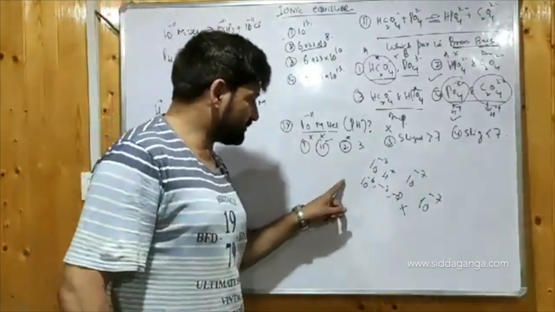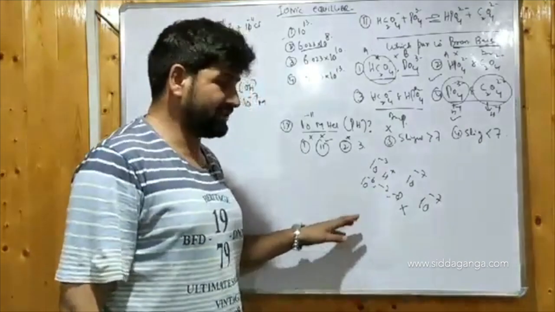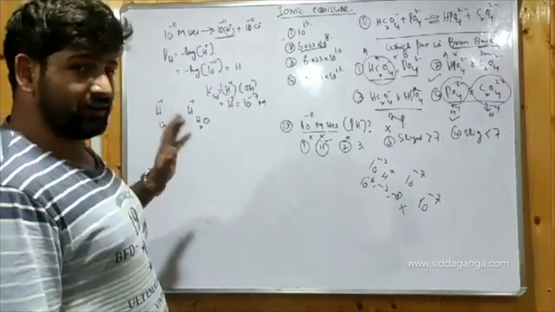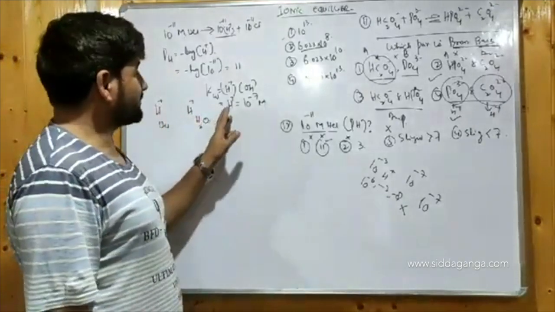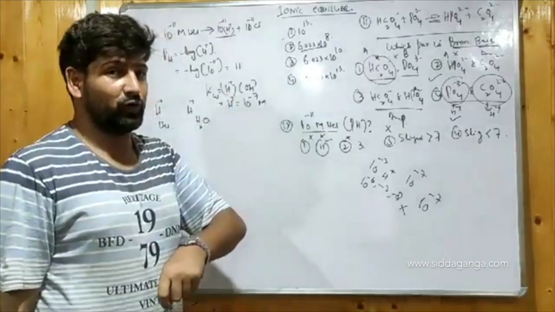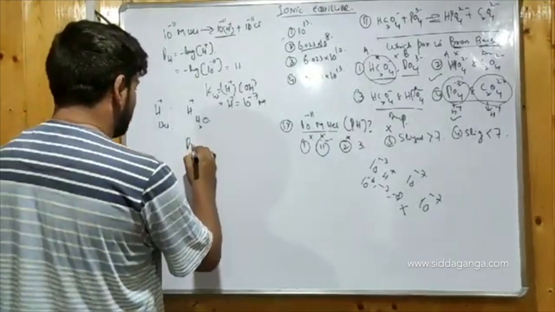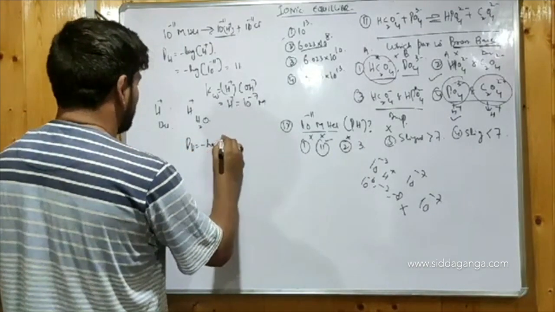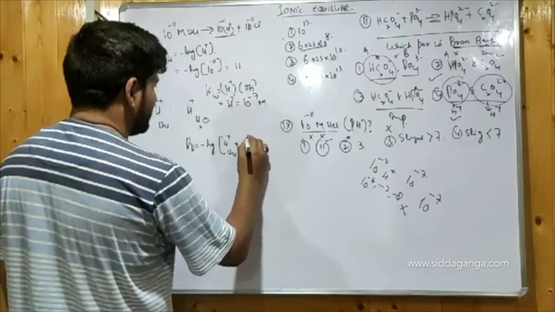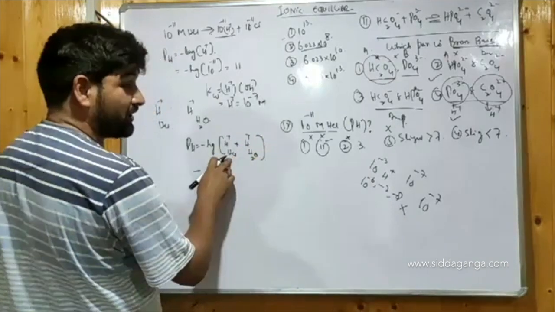If H plus from water is 10 to the power minus 7, and from the acid it is like 10 to the power minus 5, you can easily neglect water. But if it is 10 to the power minus 11, you cannot neglect water here. So what you have to do is sum up both H plus ion concentrations, from HCl as well as from water. So it has to be under additive effect. So pH, children, will be equal to negative log of H plus from HCl plus H plus from water, because we cannot neglect H plus from water compared to HCl.